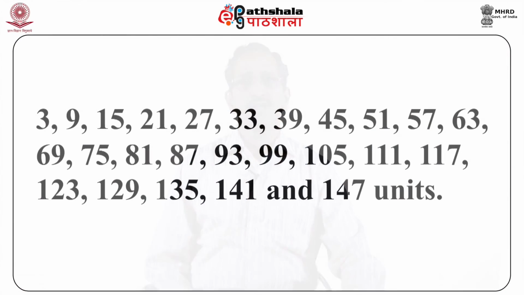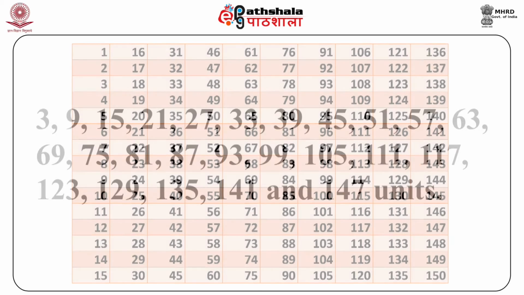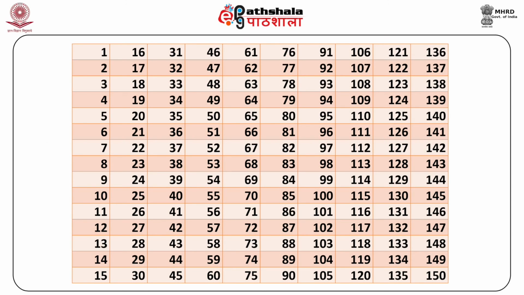Then the sample selection begins with the third unit, and then every kth unit, in this case every 6th unit, is considered. Hence, the sample would comprise the 3rd, the 9th, 15th, 21st, 27th, 33rd, etc. And this will continue till the last unit. So we have a table which gives you an idea about systematic random sampling.